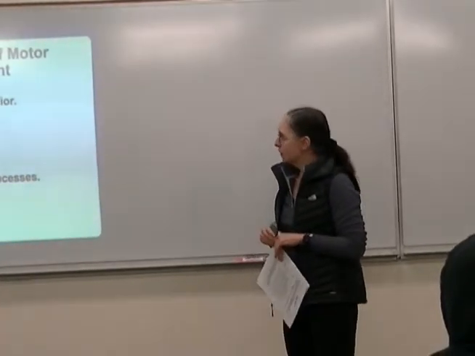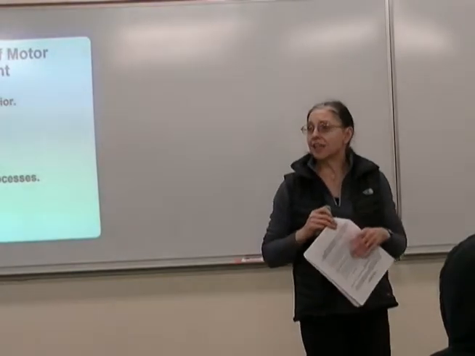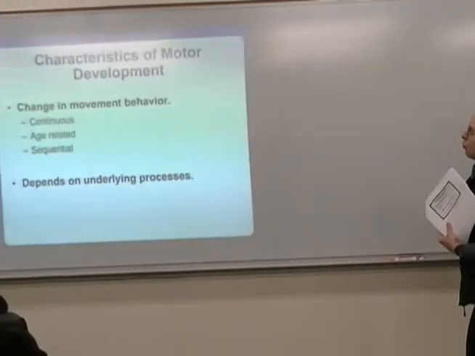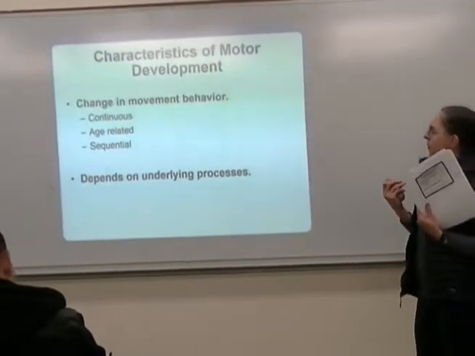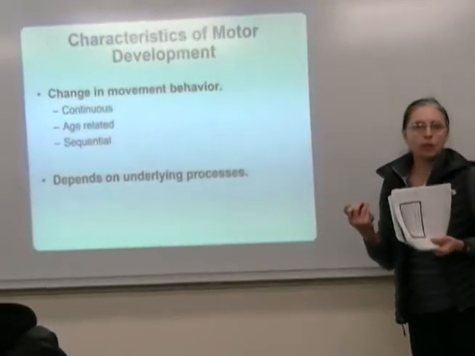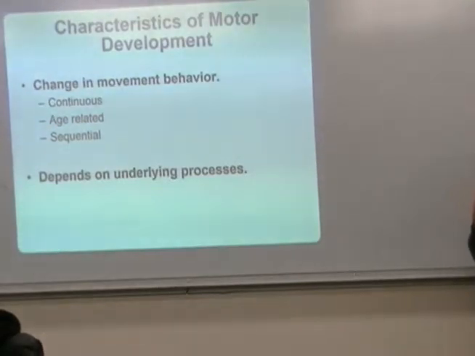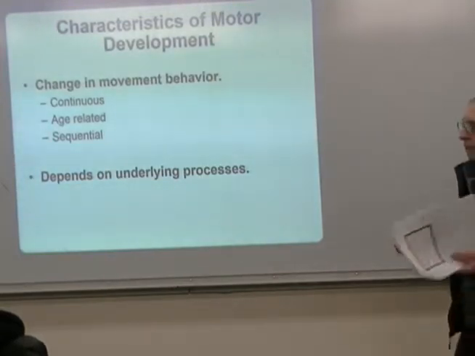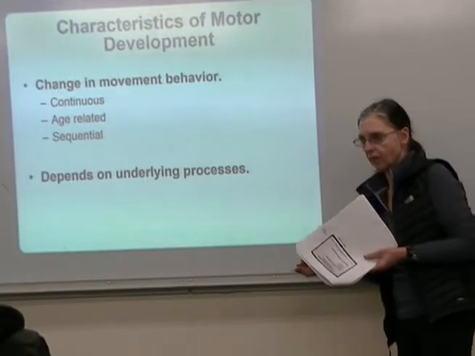So motor development investigates change in movement behavior, and the things that we have to bear in mind when we're looking at this idea is that change is continuous. We don't get to 21 and all of a sudden our motor skills are set in place and nothing else changes for the rest of our life.